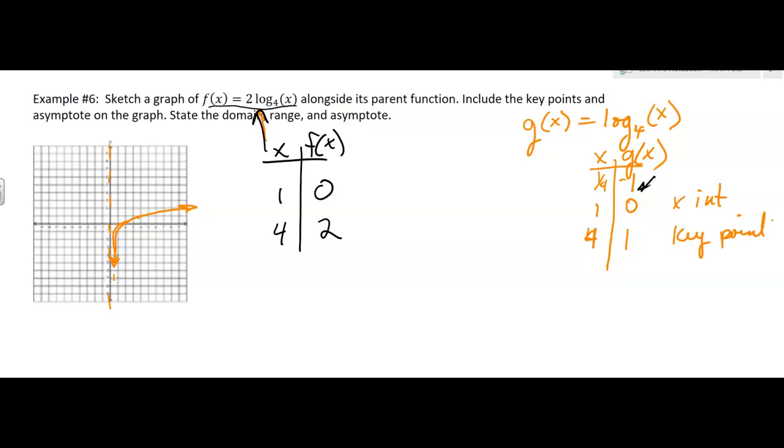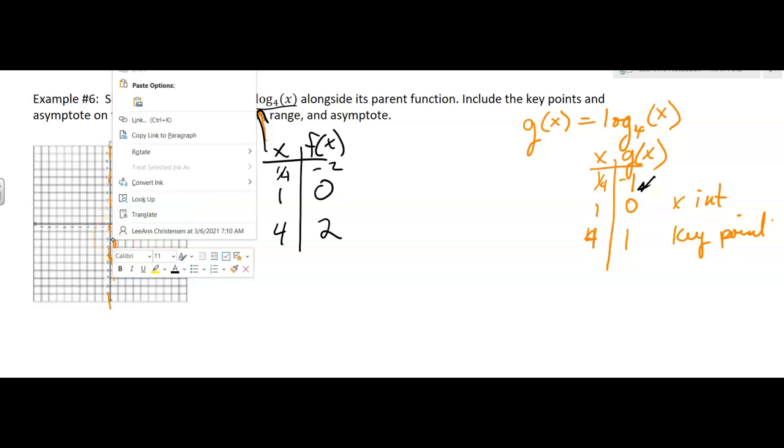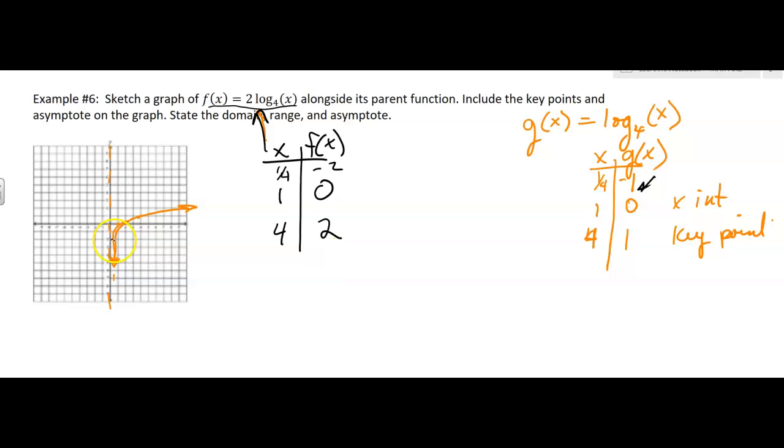Okay, but now what would happen if I stretched that? If I multiplied the output by 2, I would have 1/4, -2. Now let's see what that means. It means I'm going to have 1/4, but it's going to be down lower. So it should be underneath, or I'm sorry, not underneath, to the left of the curve.